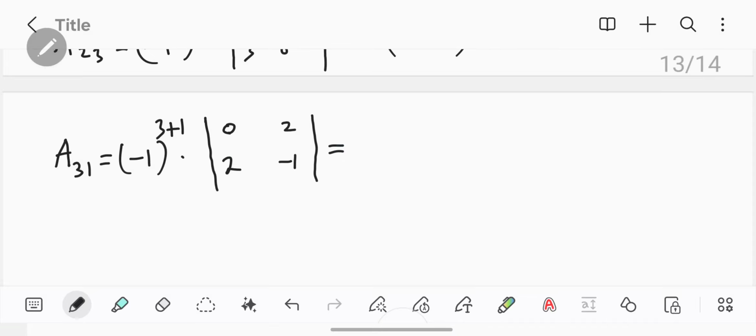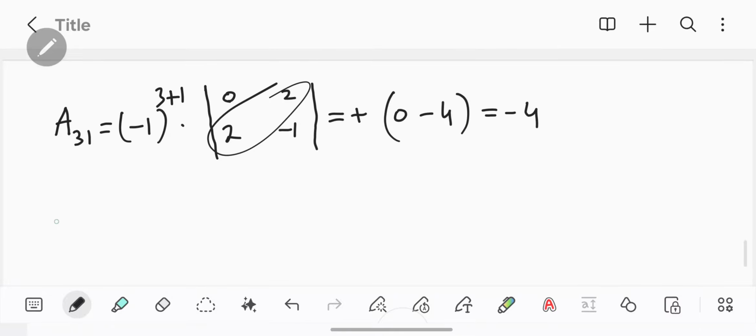If I simplify this, minus 1 to the power, this is 4. So minus 1 to the power of an even number is plus 1 times the determinant of this matrix, which is the product of these two, which is 0, minus the product of these two, which is 4. If I simplify, I will get negative 4.